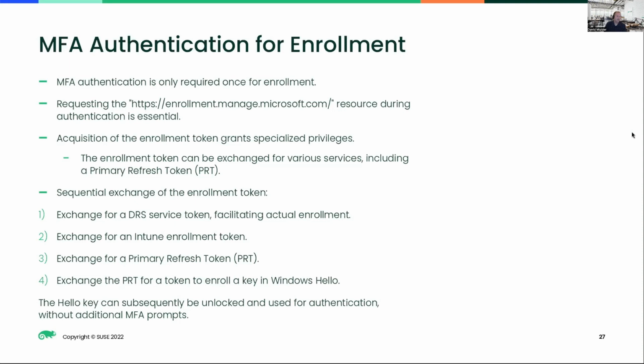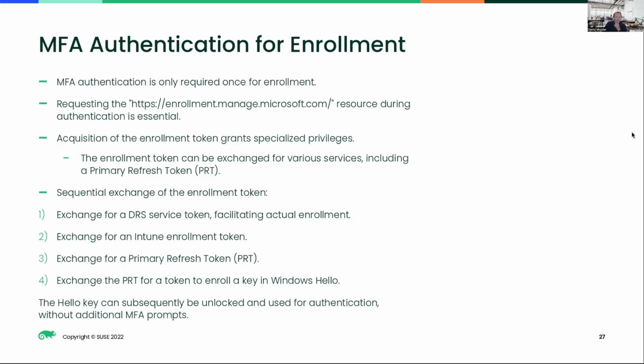Okay. So the MFA enrollment, that whole song and dance, is really only required once, because once you're enrolled, you can use your Windows Hello token. I won't go through all of the points on this slide, but one important thing: the enrollment authentication token that you get is very interesting.